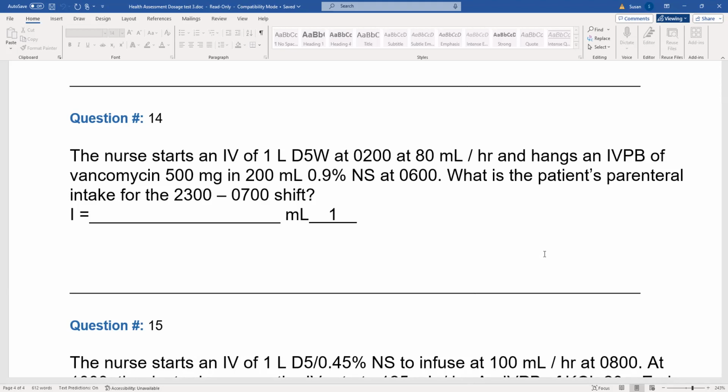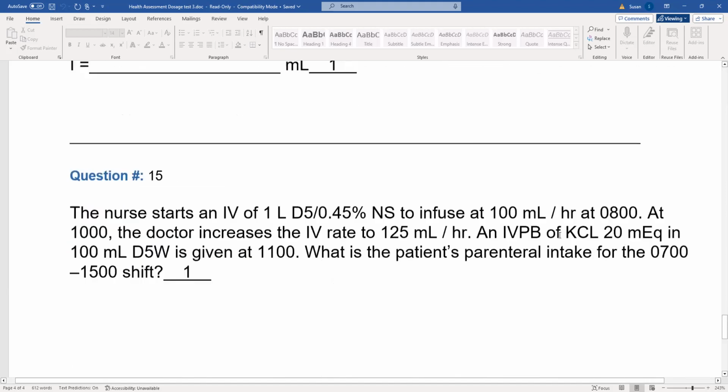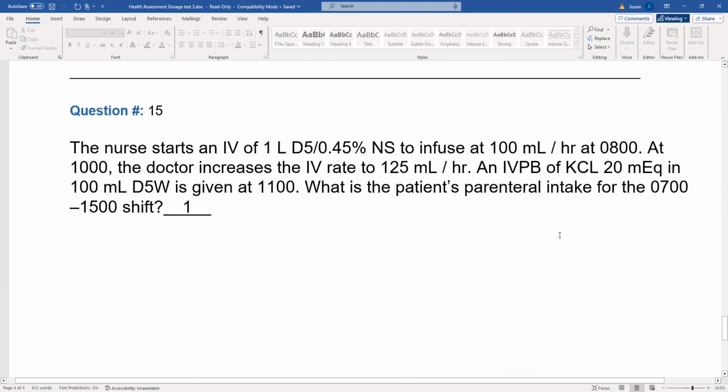So that's why you have to know that. Look at the second one. The second one's saying calculate the intake for the 0700 to 1500. It says parenteral. That means IV, right? Right. So what would be your parenteral intake for the 7 a.m. to 3 p.m. shift?